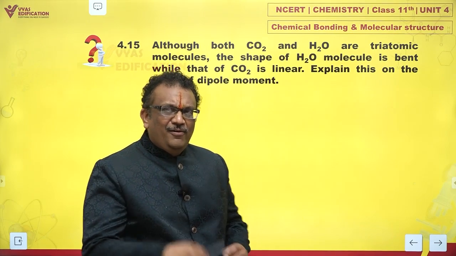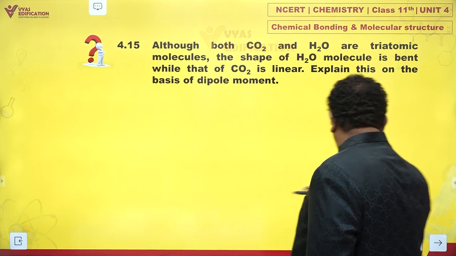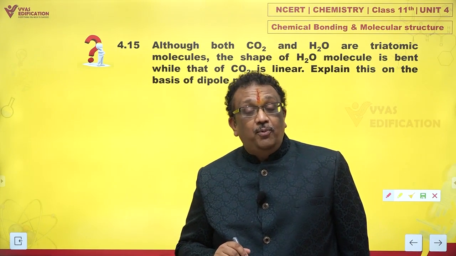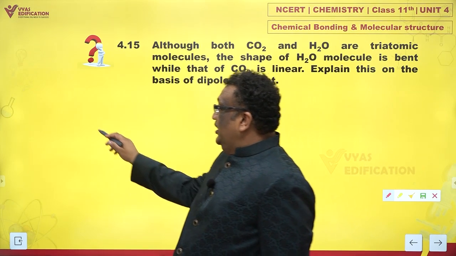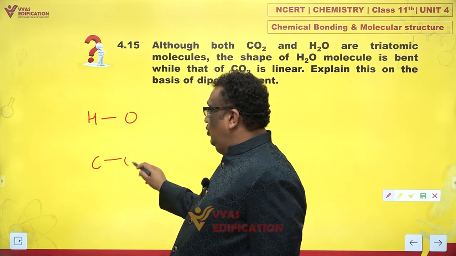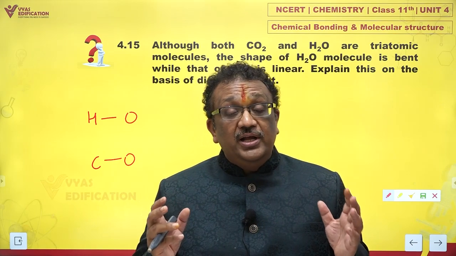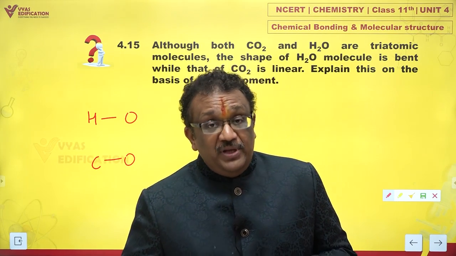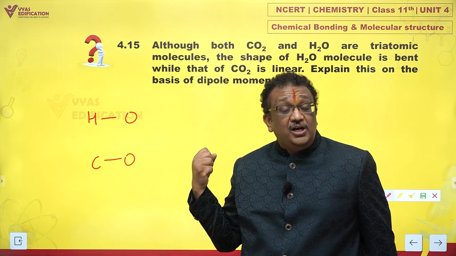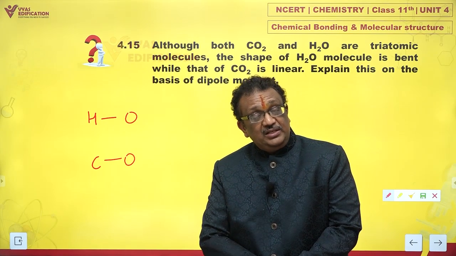And how do we do that? First, let me quickly tell you what a dipole moment is. If you have a polar covalent bond, say between H and O or C and O, different atoms have different electronegativities. What does that mean? It means they have different tendencies to pull the shared electron cloud towards themselves.